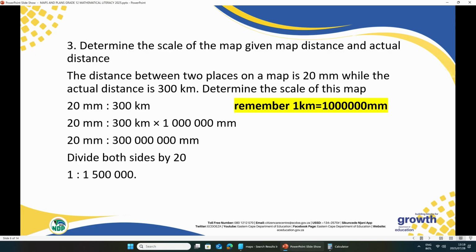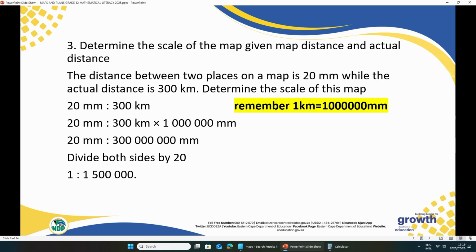You can also be asked to determine the scale of the map, given map distance and actual distance. The distance between 2 places on a map is 20 millimeters, while the actual distance is 300 kilometers, like the distance from East London to Port Elizabeth is around 300 kilometers. Now determine the scale of this map.